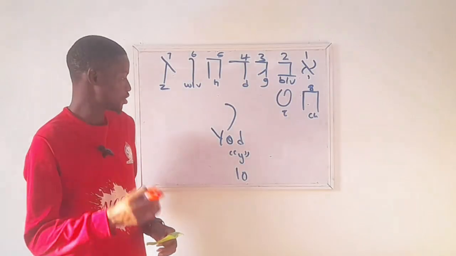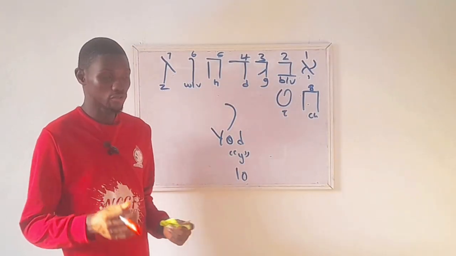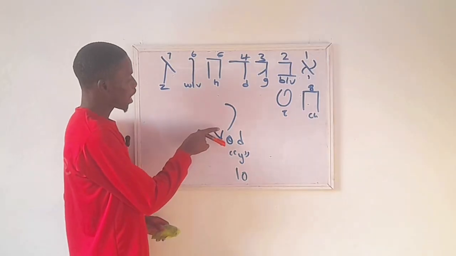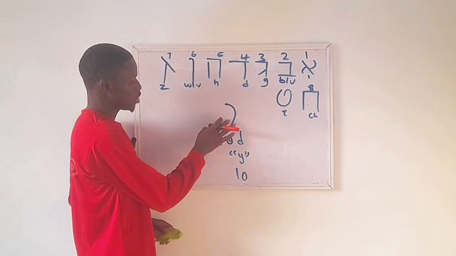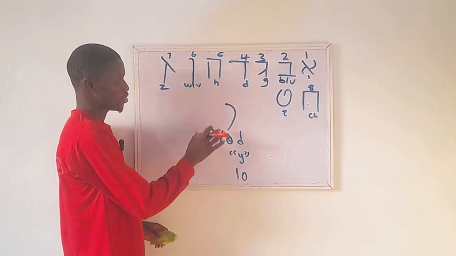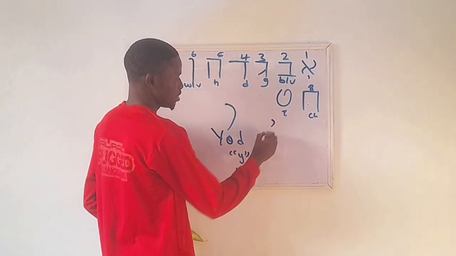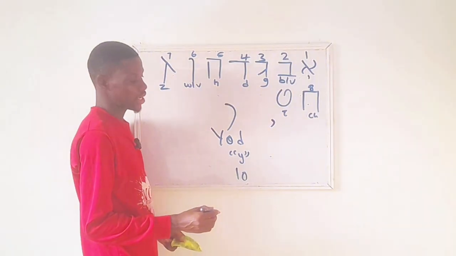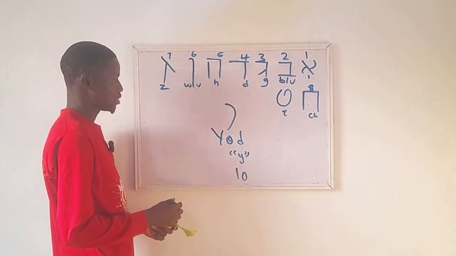You will see it in the channel, and also you can make use of the link. There's a reason why I'm saying you should watch it, so that you don't get confused. Remember I said that Aleph, when you want to write it, you write it like this.